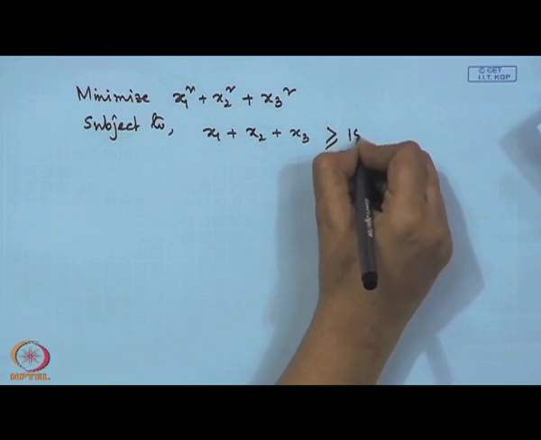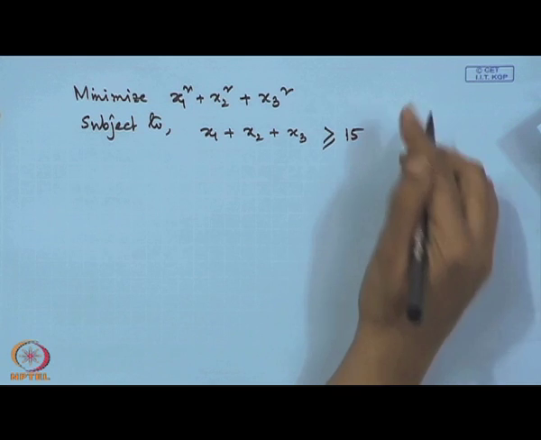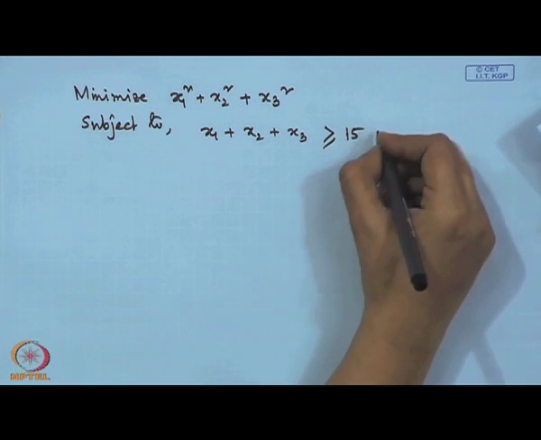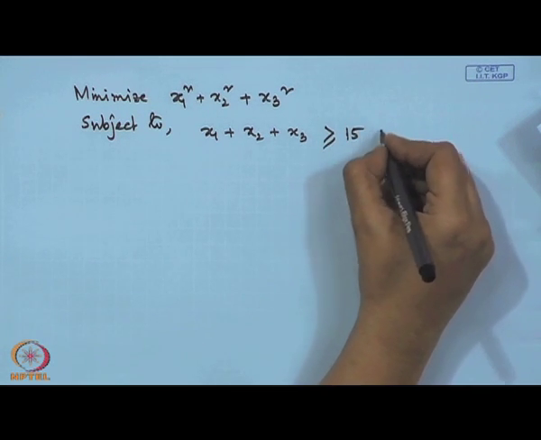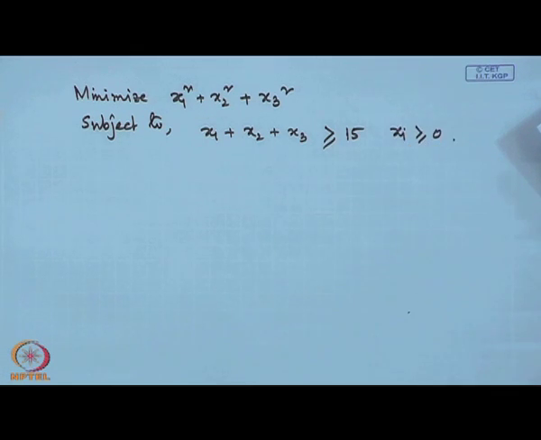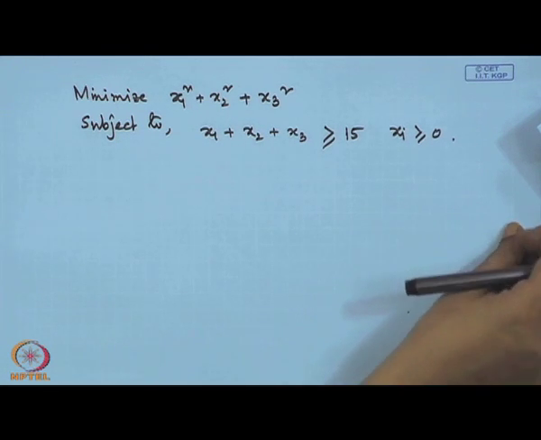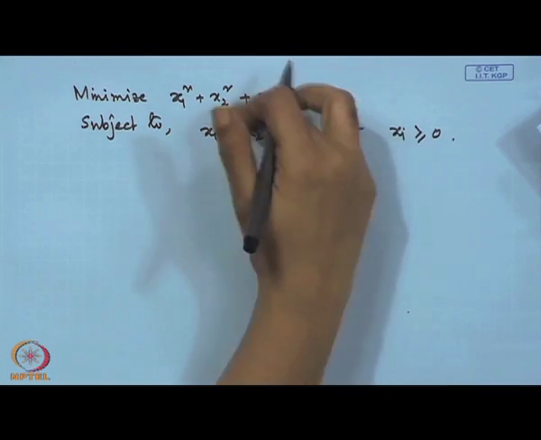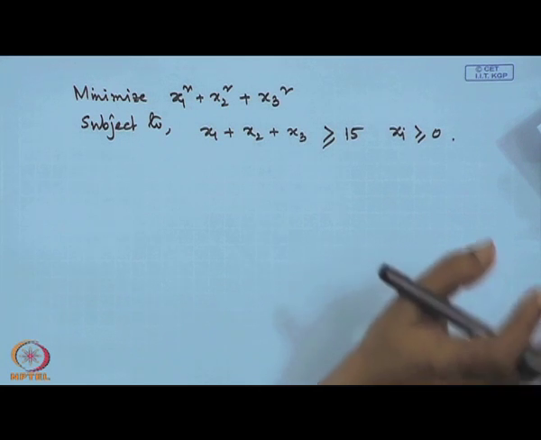The constraint is greater than or equal to 15. There is no equality constraint, only a single additive constraint, and these are not integers, these can be in the continuous space, taking any real number x1, x2 and x3.